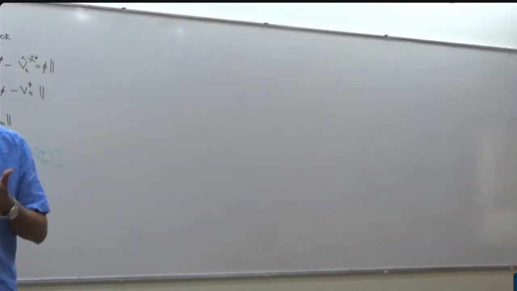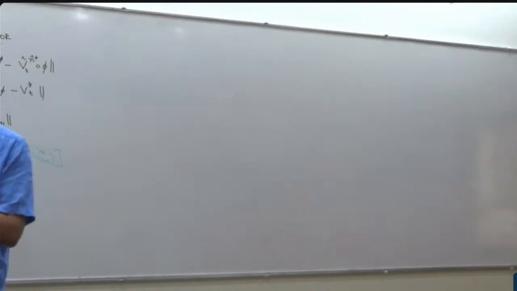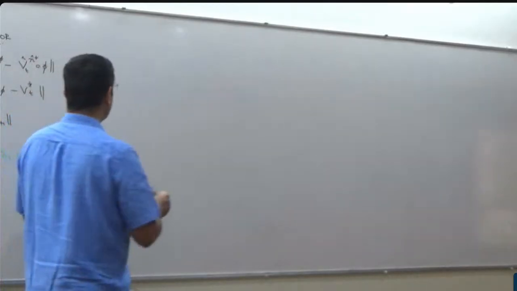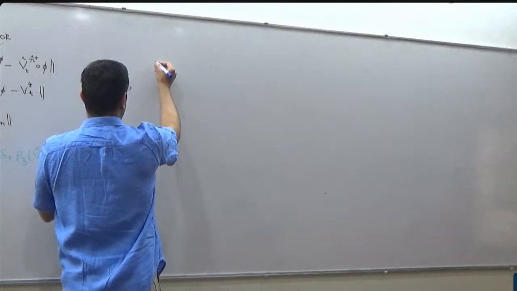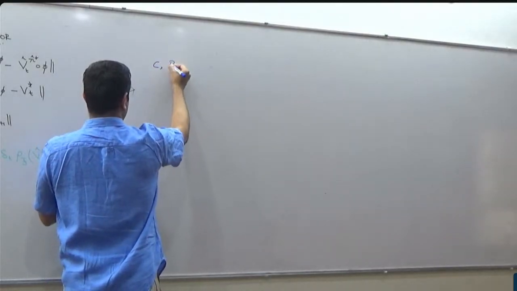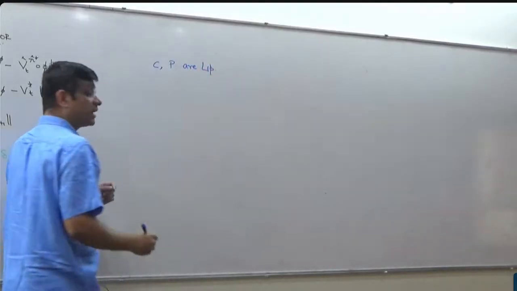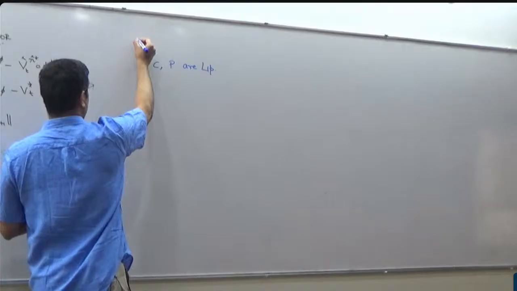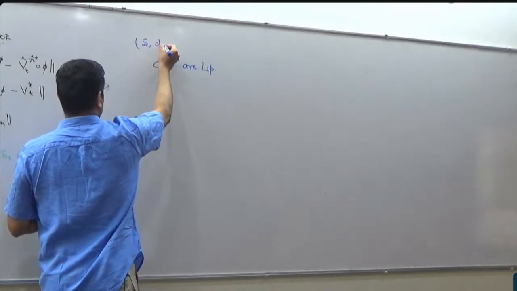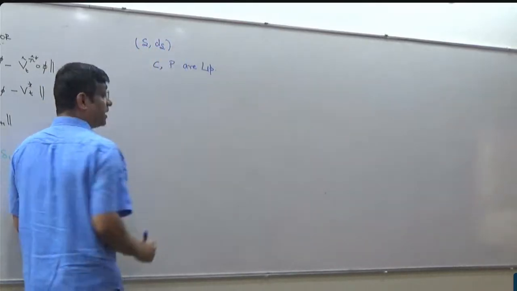So I'll have to make some assumptions about my function being smooth in some sense in order to get some approximation errors. So we are going to make the following assumption, that my model M, C and P are Lipschitz. So that means I'm implicitly assuming my state space has a metric on the state space. This is a metric space.